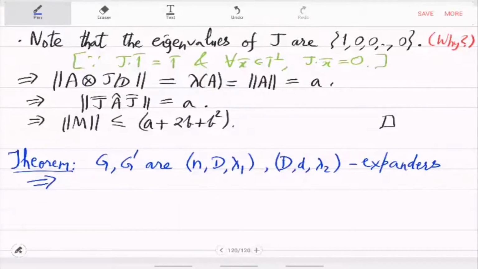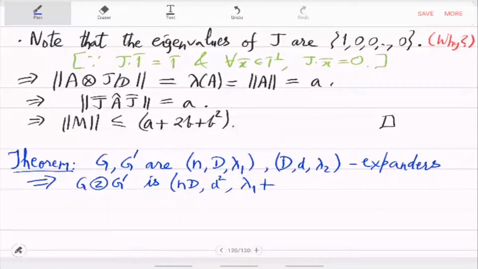Then for the zigzag product, as the previous theorem showed, the algebraic expansion will be there. Okay, and the other parameters, so the number of vertices is multiplicative n times D. The degree is small d square, and the spectral norm is lambda 1, which was before, but now it may increase slightly.